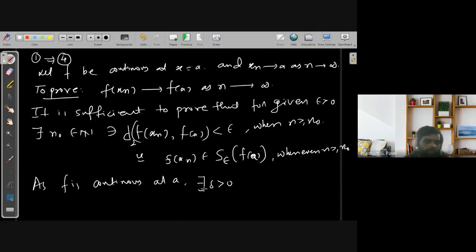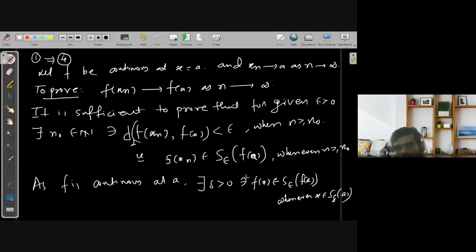So delta greater than 0 such that f of x belongs to S epsilon of f of a whenever x belongs to S delta of a. That is by definition of the continuous function.